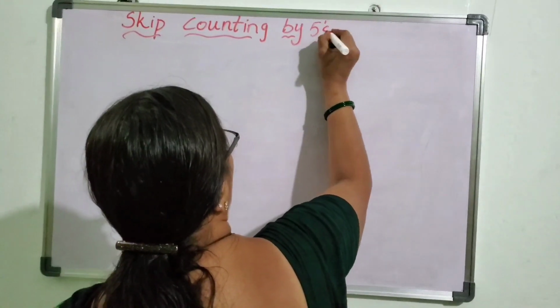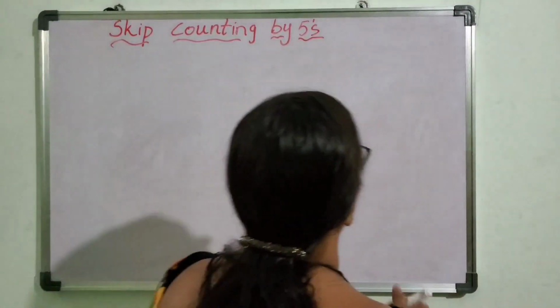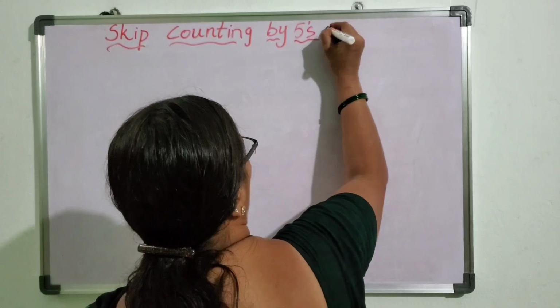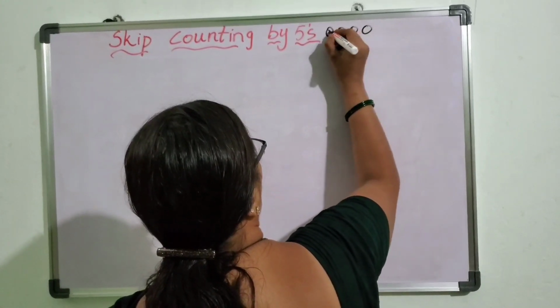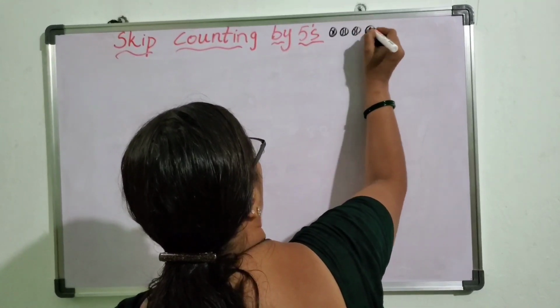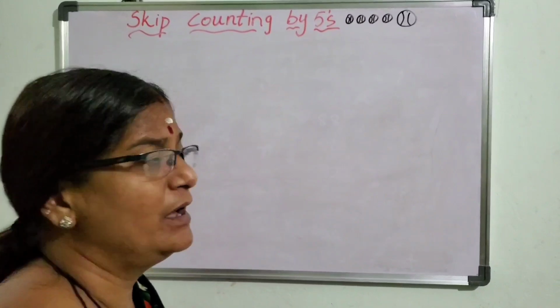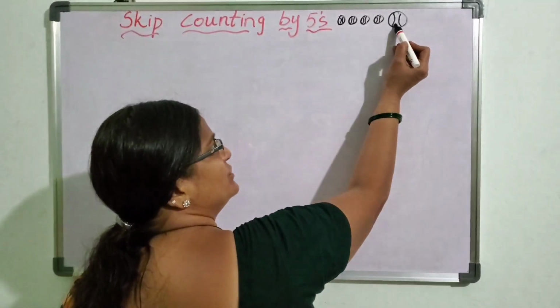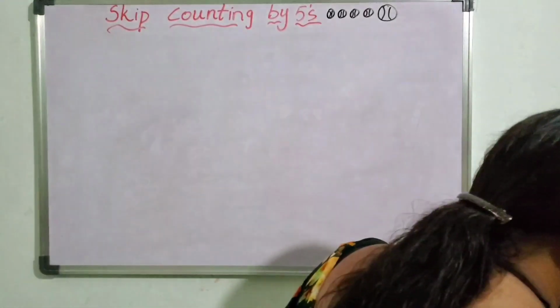Skip counting by fives. Now here you should draw 5 balls, 4 small balls and 1 big ball. So whatever number comes to the big ball, that you should write down.